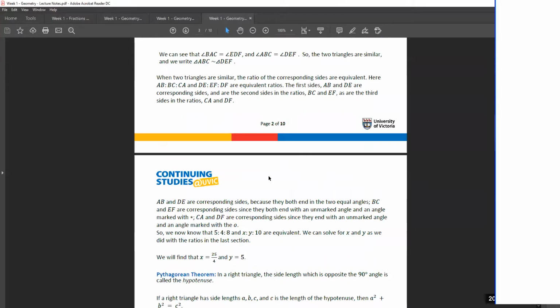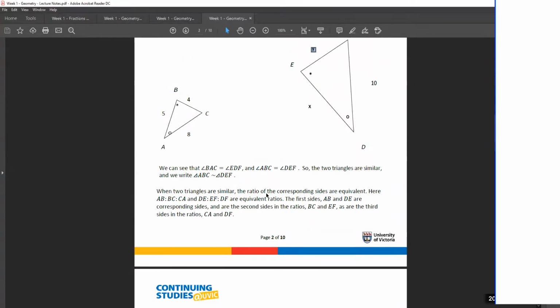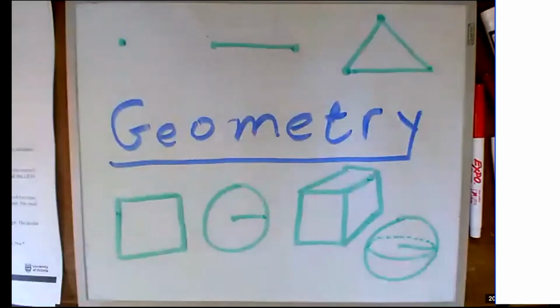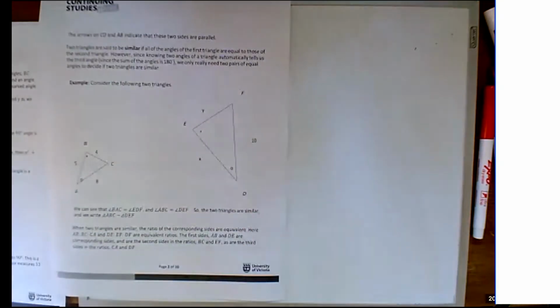So this is where I'm going to flip over to the whiteboard. There are the triangles that we're talking about. Oh, let's get that focused just a little better.